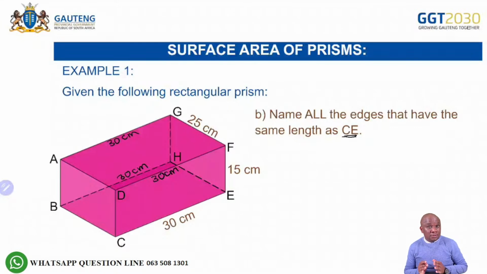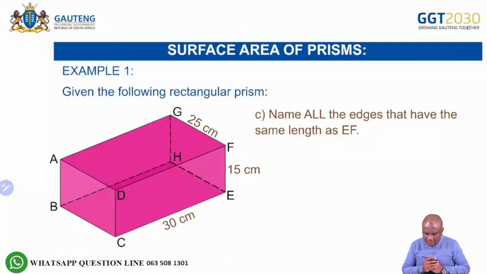That is very important to understand, because how do you find the area of ABHG, for example? Okay, you have to know that AG is 30 centimeters and BH also is 30 centimeters. We need also to find the length of AB and GH, okay, in the next questions.